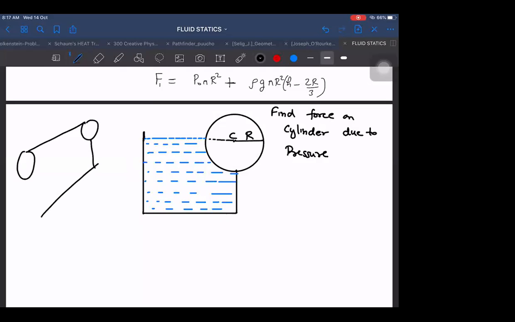One wall is having this cylindrical portion above, something like this, and width of this is b.